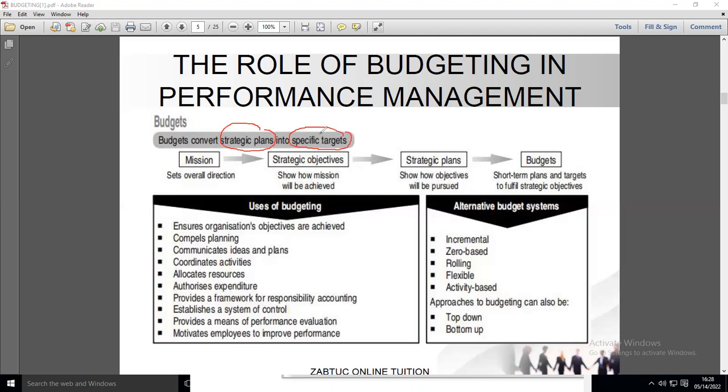Throughout our course of study, we have seen that the issue of targets is an important one. Remember that on Wednesday, we're looking at the question involving what? VBM. And one of the steps there was the setting of targets.